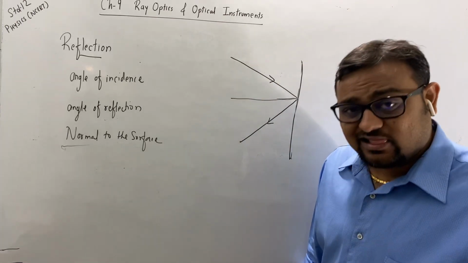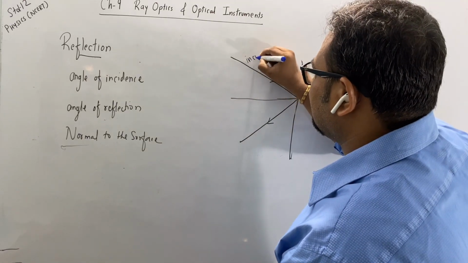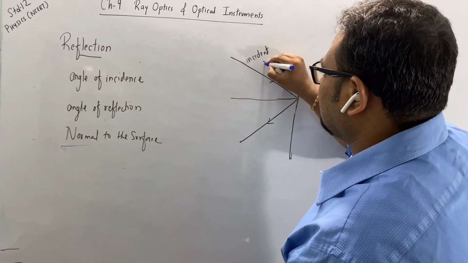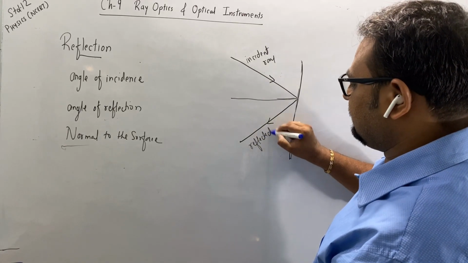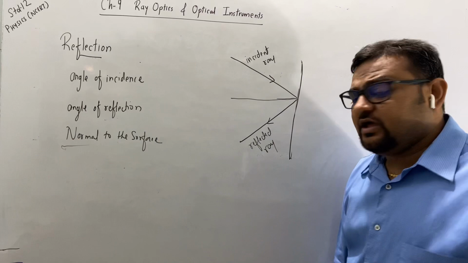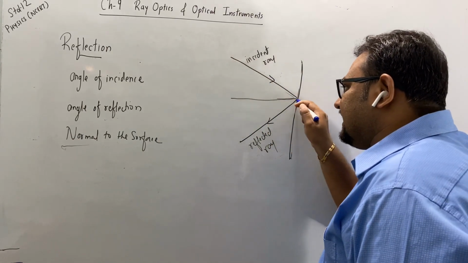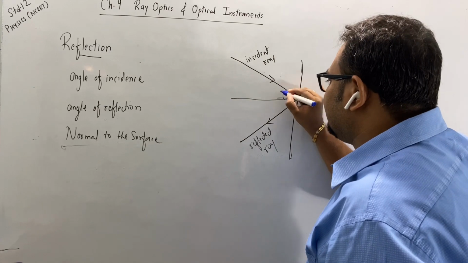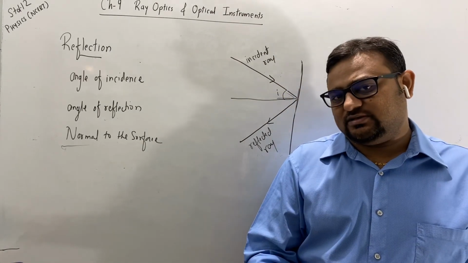Now, this is the incident ray and this is the reflected ray. The angle between the incident ray and the normal is called the angle of incidence.